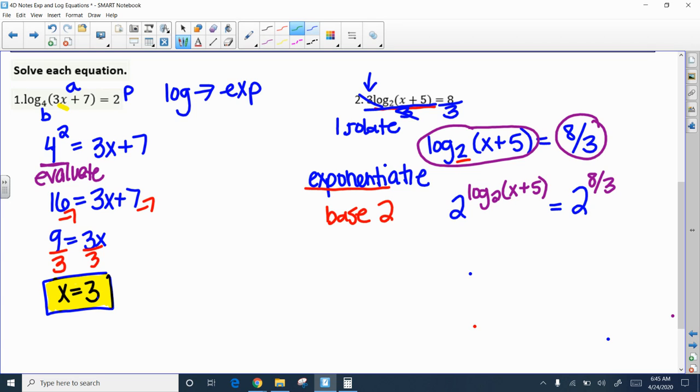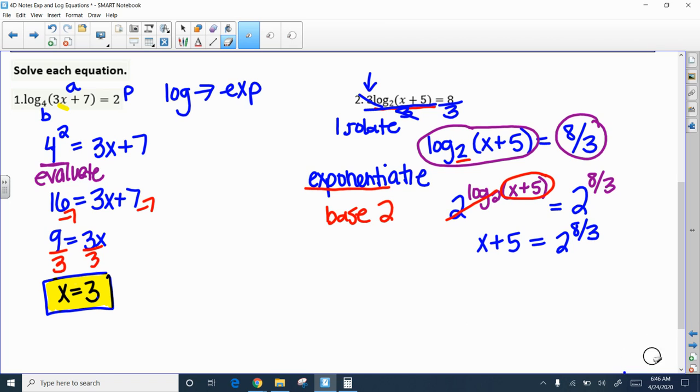Now, the reason we want to do that is because this is another way to get rid of a logarithm. So those properties we used here, the 2 and the log base 2, remember those get rid of each other. So on the left side, we're just left with the x plus 5. On the right side, we have 2 to the 8/3 power.